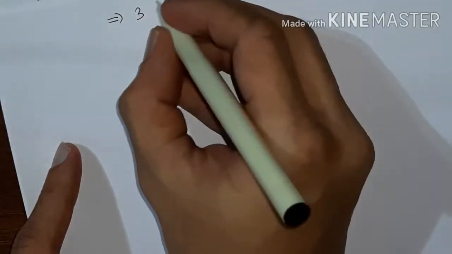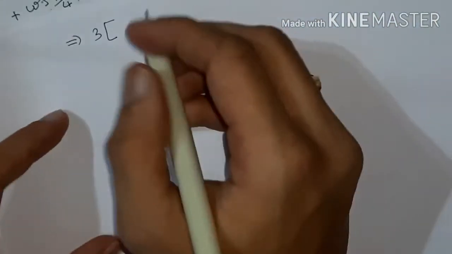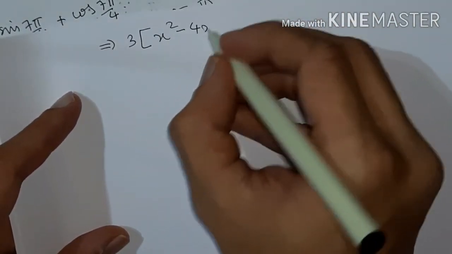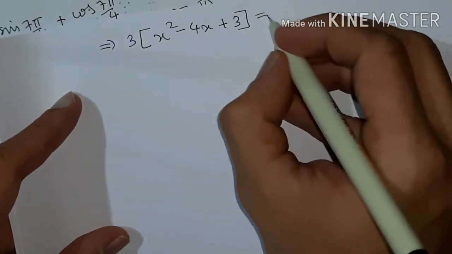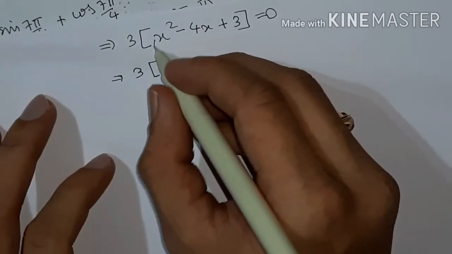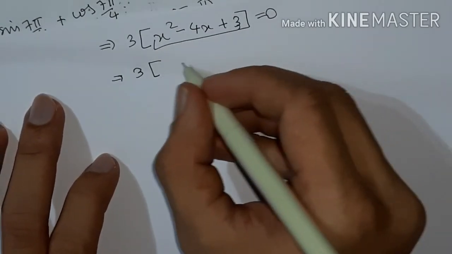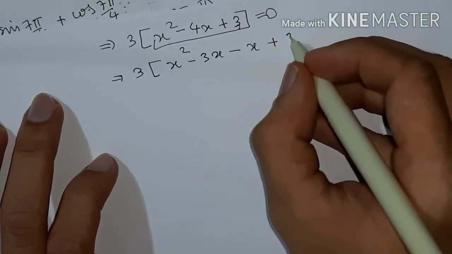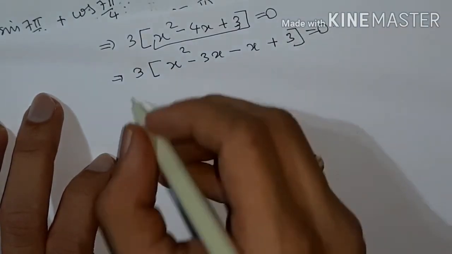So 3 times, you had x square minus 4x plus 3 equal to 0. If you factorize this, that is x square minus 3x minus x plus 3 equal to 0.